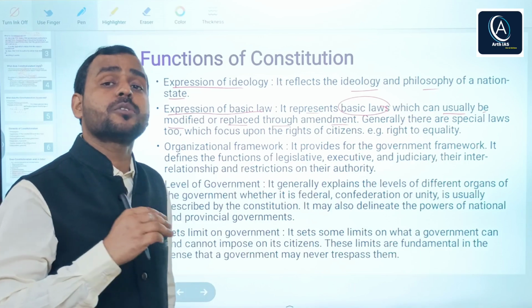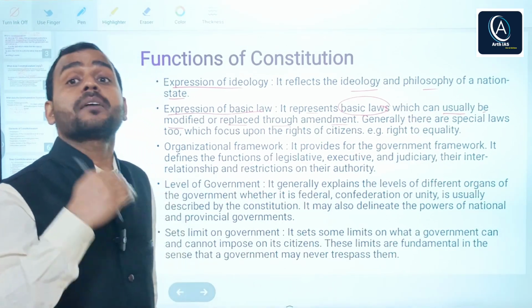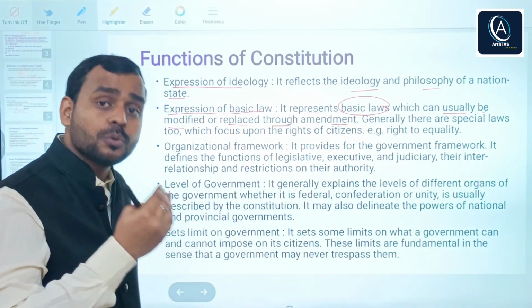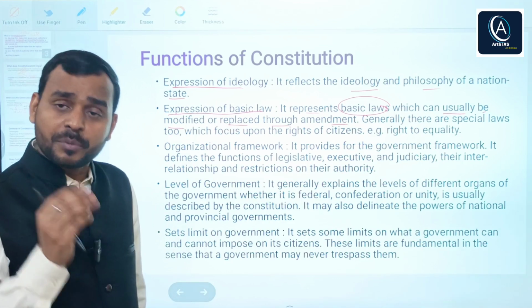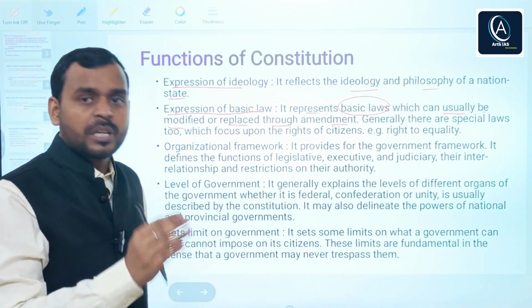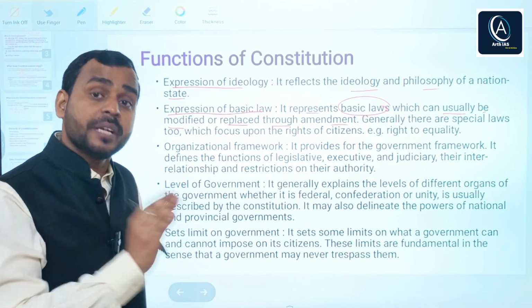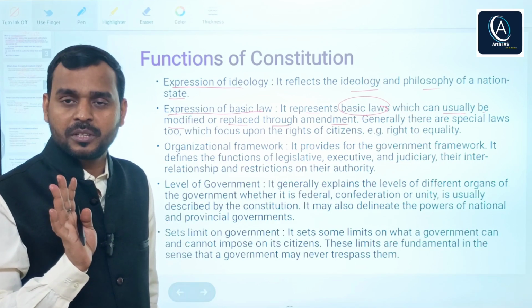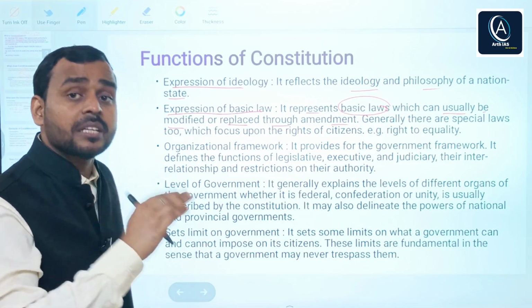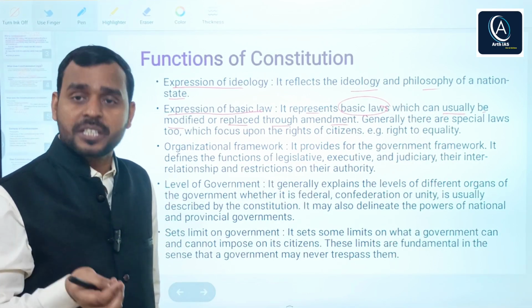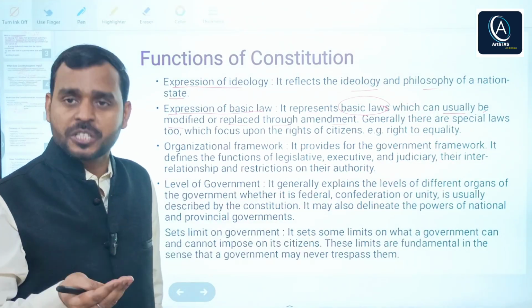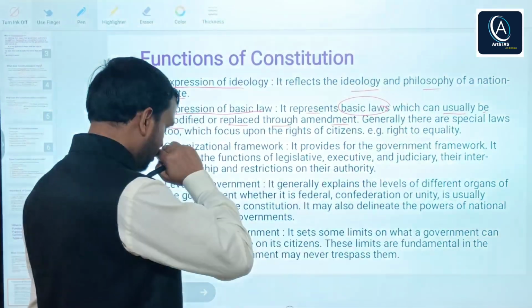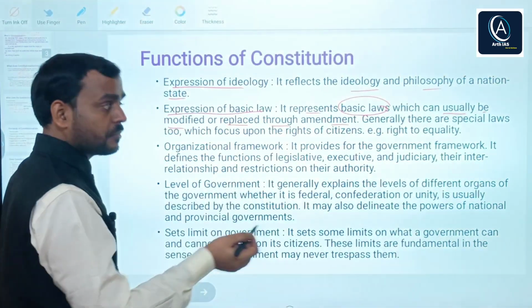Living or organic document means what? It adapts or changes according to the time. For example, till date 106 amendments have been made in the Constitution. So it is an example of its changing nature, its adaptation.